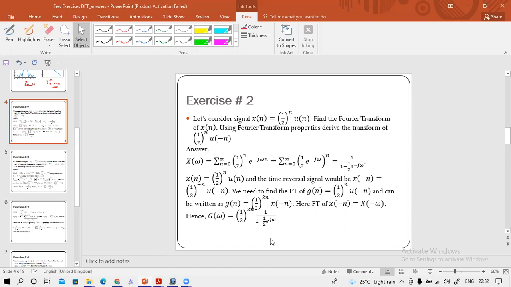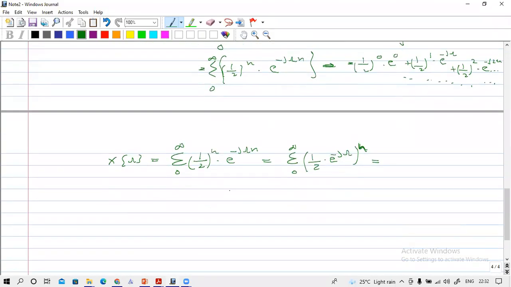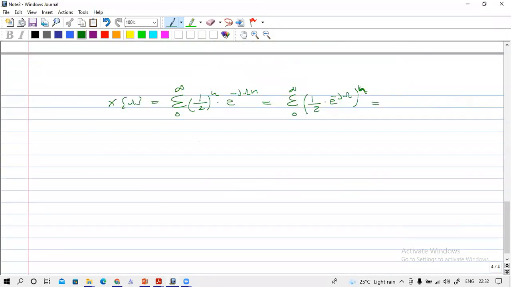So actually for this one also that identity is used. I think you can understand it.